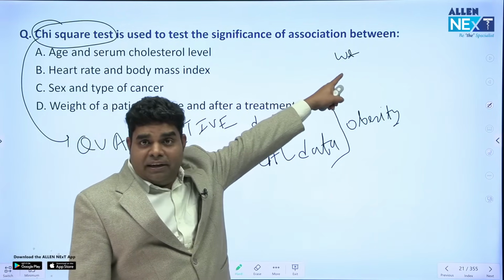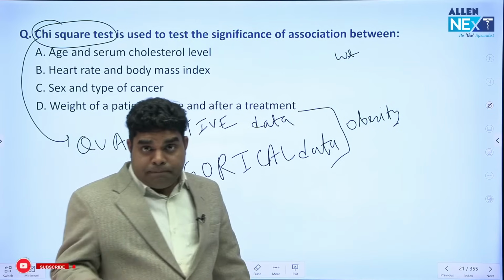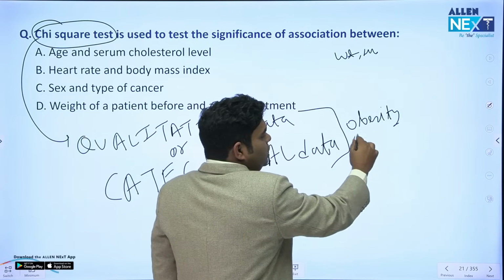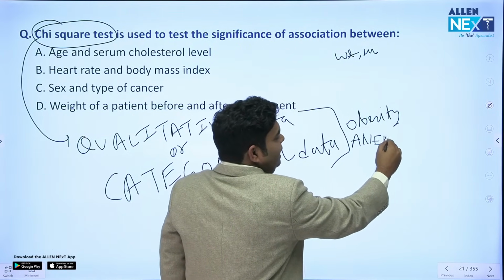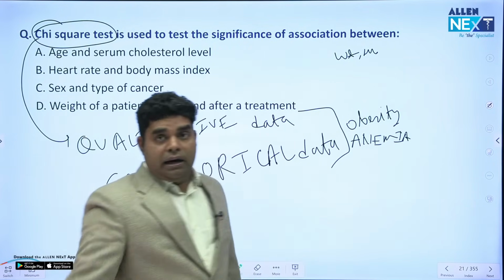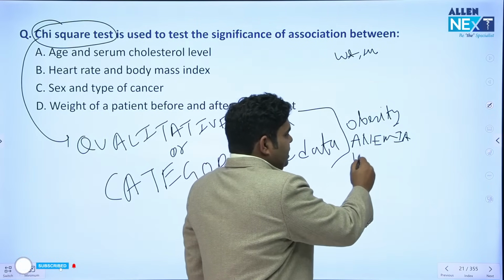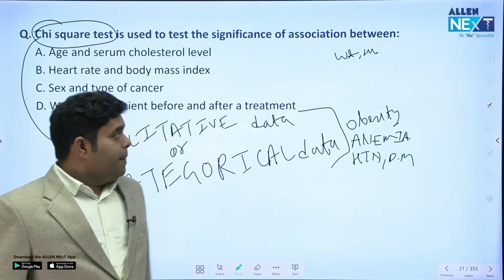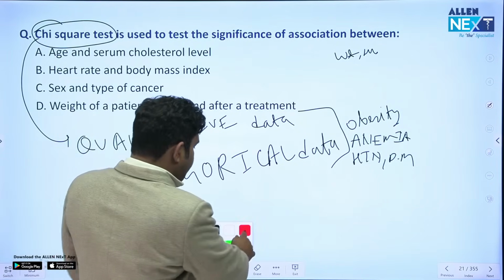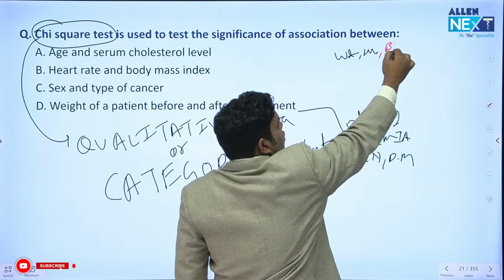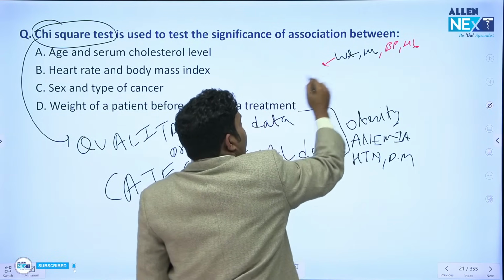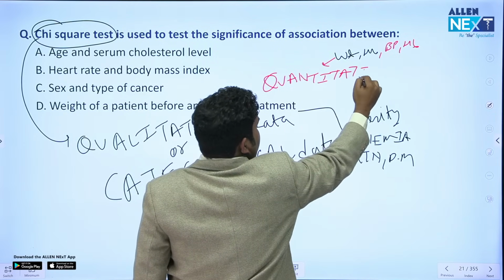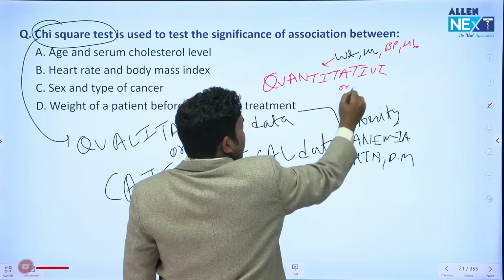What you can measure is weight. Similarly, if I ask anemia, can you measure anemia? No, you can measure hemoglobin but not anemia. So जितनी भी बीमारियां होती हैं, all illnesses are categorical. Obesity, anemia, hypertension, diabetes mellitus, all are qualitative, and weight, height, BP, HB, whatever we are measuring, these are quantitative. And the other word of quantitative is continuous.